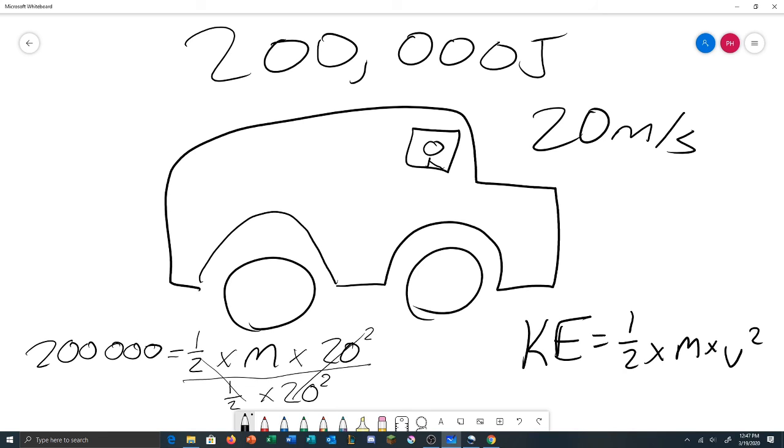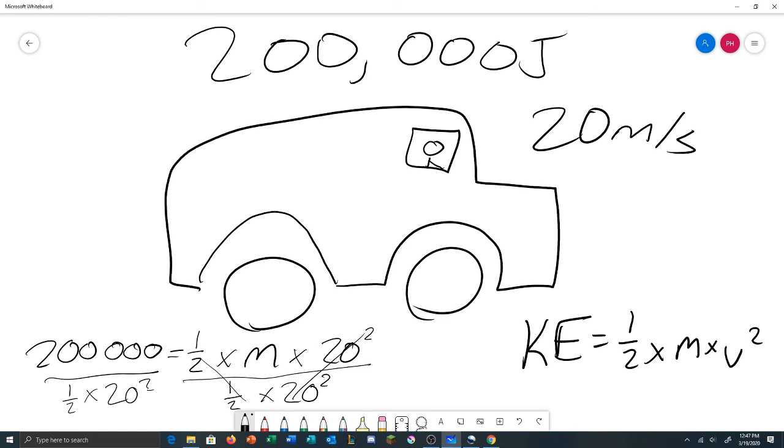Well, now you're left with mass on its own, but remember, you have to divide this side too by 1/2 and by 20 squared. If you do both of those things, and I'll let you have 10 seconds this time because it's a little bit more complex, because you might have to square the 20 and do the other stuff, but you've got m on its own, that's your mass.